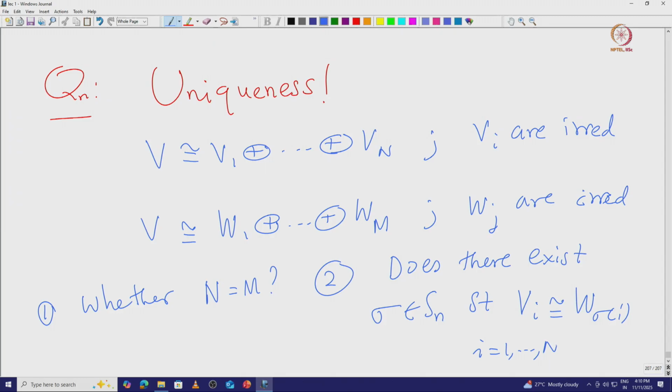So, up to permutation and up to equivalence of representations, are these components unique or not? For example, in the Jordan canonical form, we have observed that the Jordan blocks that appear in the Jordan decomposition are unique up to permutation. So we are asking a very similar question here, and indeed we will prove later, using character theory, that this is true.